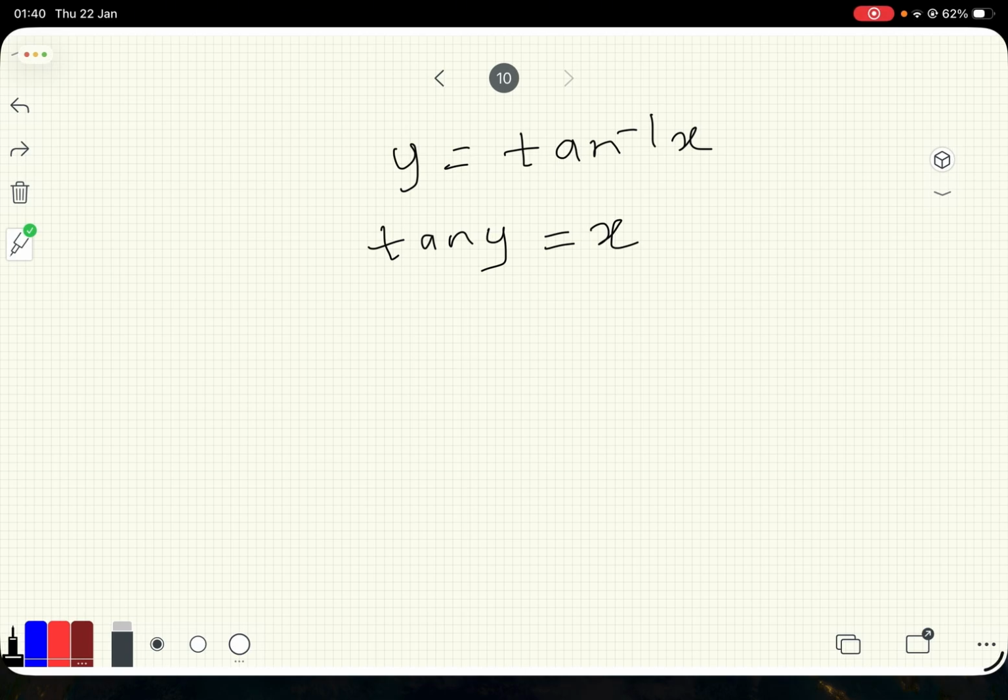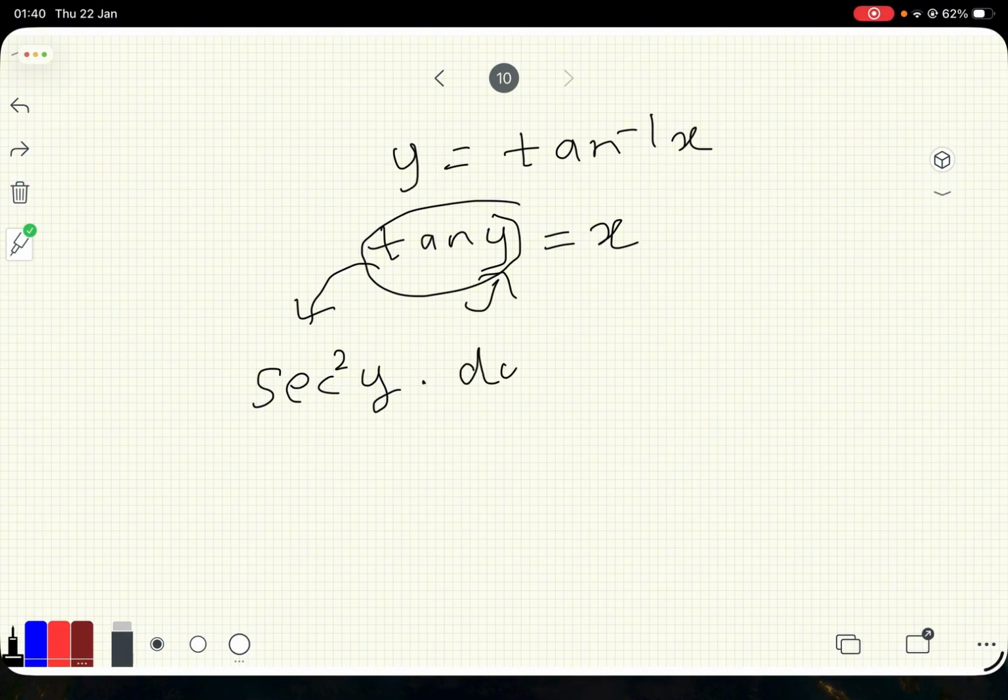On the left hand side, the derivative of tan y is sec squared y, but y depends on x, so we multiply by dy over dx, which is the chain rule.